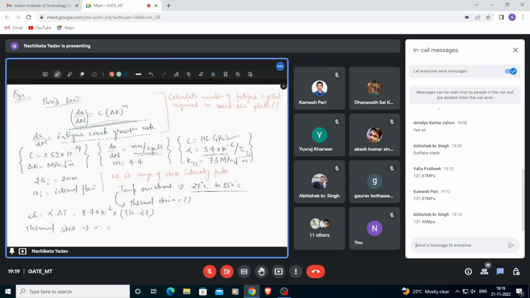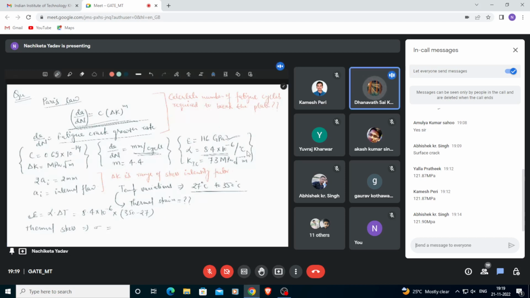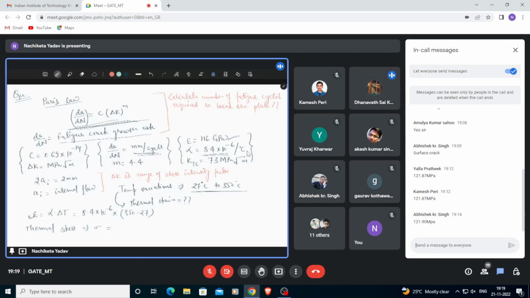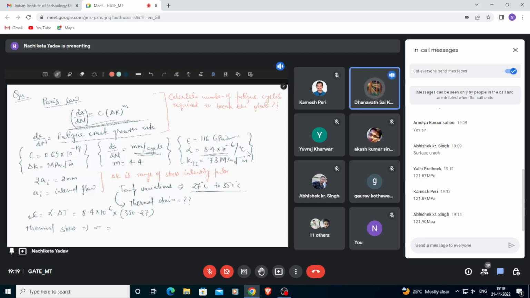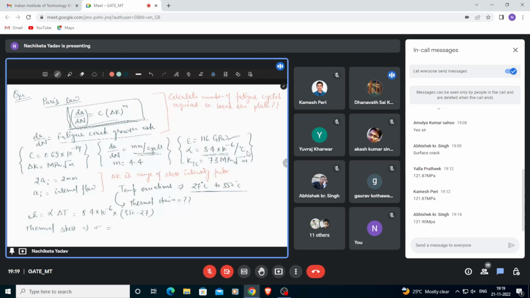Right now you are in third semester, right? Okay, I don't think it is required for you, but see, everything is given. You have to just put the value. Miss, this is Paris law. Miss, in the Dieter book you will find it. Okay, and you just put the value. Everything is given.